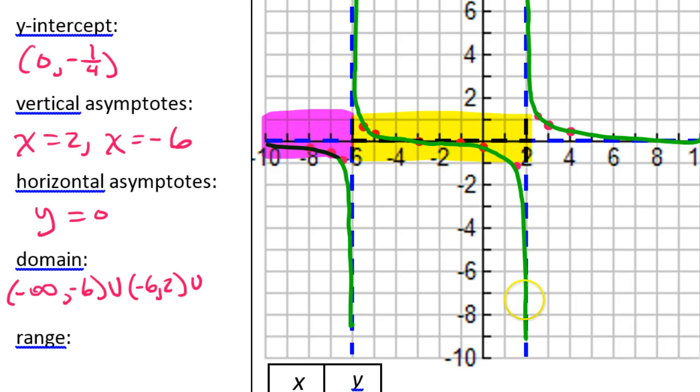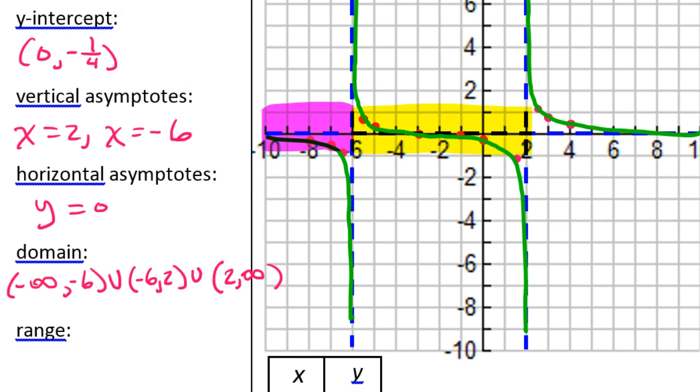I've covered this part of the graph. And then I'll pick up and do 2 to infinity. I'm careful to use round parentheses because the asymptotes are never touched. They cannot be included in the domain.